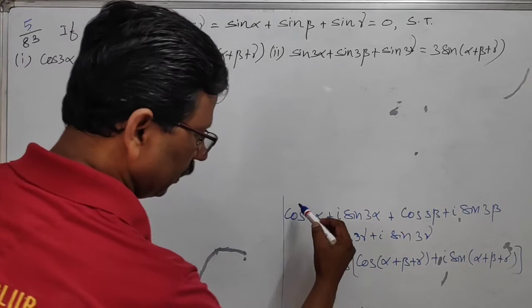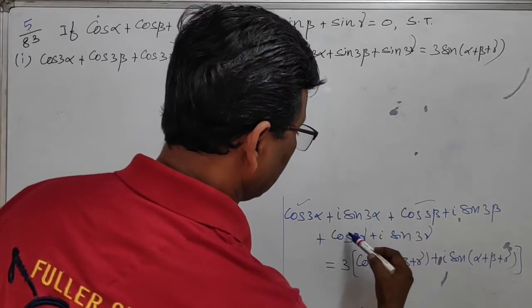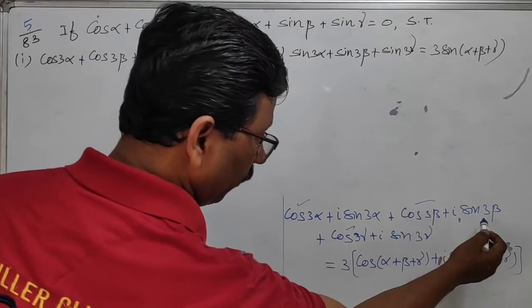Okay, now the left hand side. Here we can add all these real parts, cos alpha, cos beta, cos gamma, then sin alpha, sin beta, sin gamma.